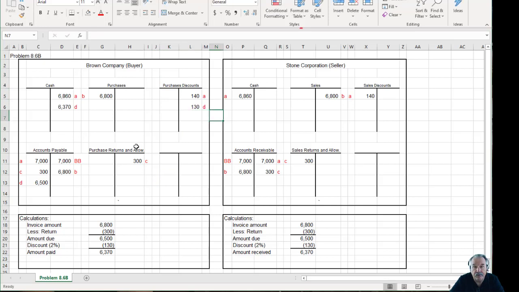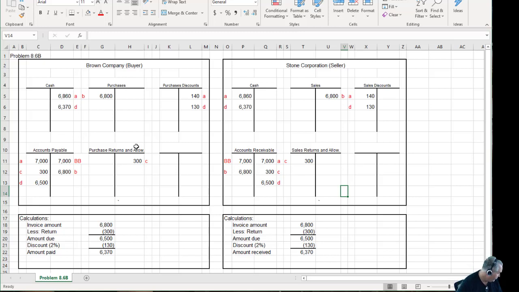Over on Stone's books, they got the check, $6,370. They are recording a sales discount of $130, and they're going to wipe out the receivable at $6,500. That's the transaction on both sides.